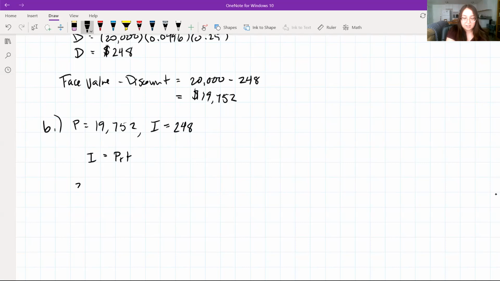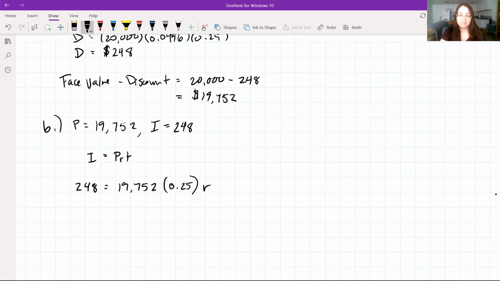So we know that I, 248, is equal to our principal, which is 19,752, times our time, which is the same, still 3 months, so it's 0.25, or a quarter. And we're trying to find our rate.